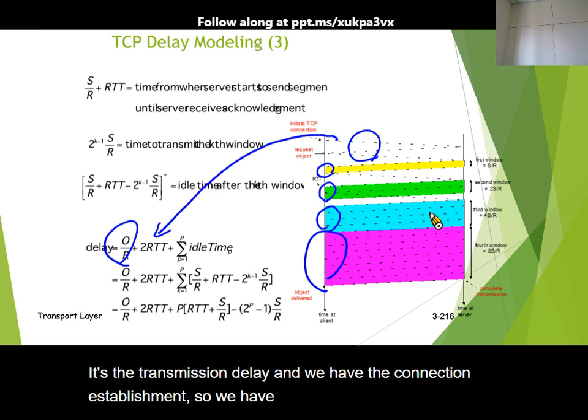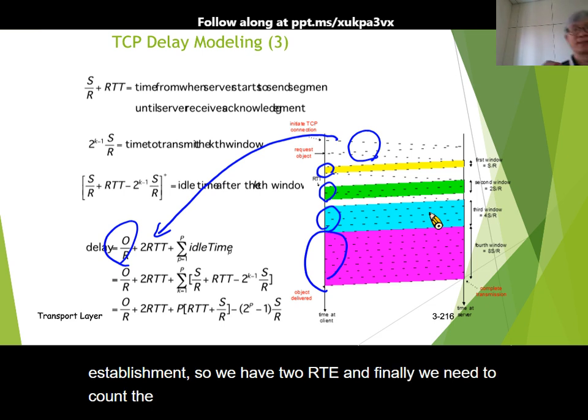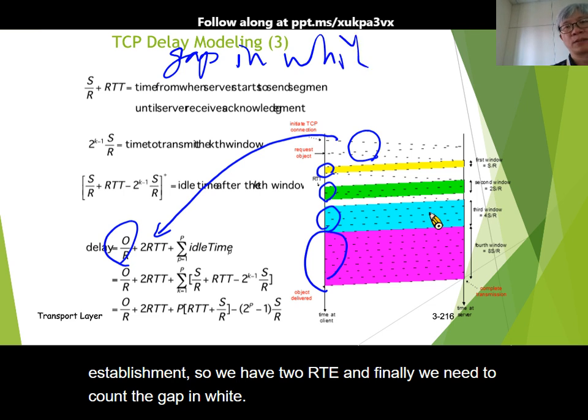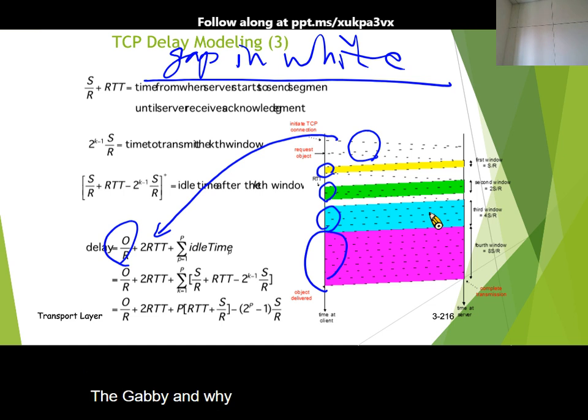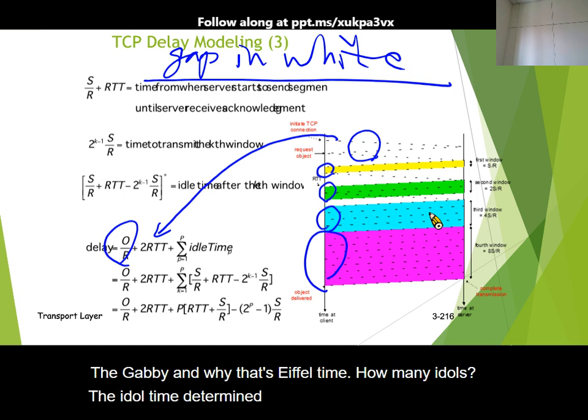And finally, we need to account for the gap in white. The gap in white is idle time. How many idles? The idle time is determined by the current parameter P, 1 to P. We have P times of idle.